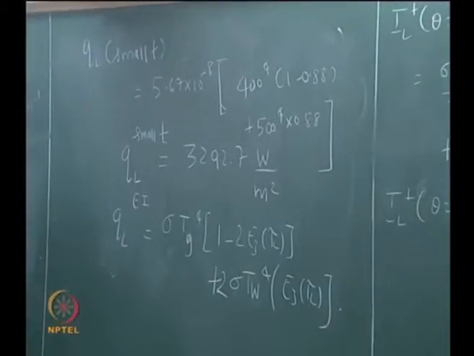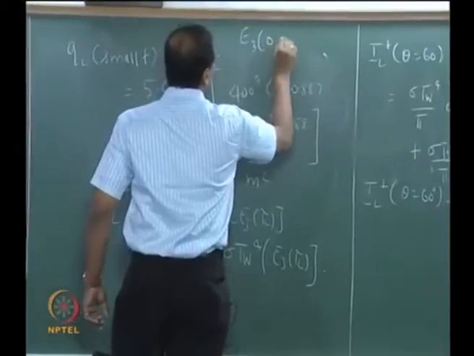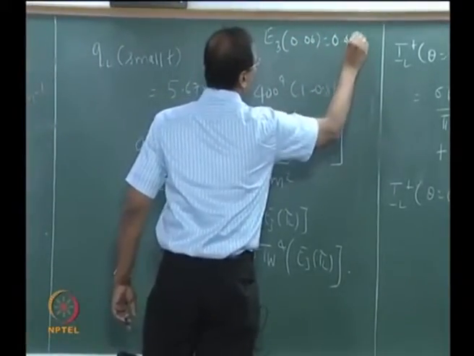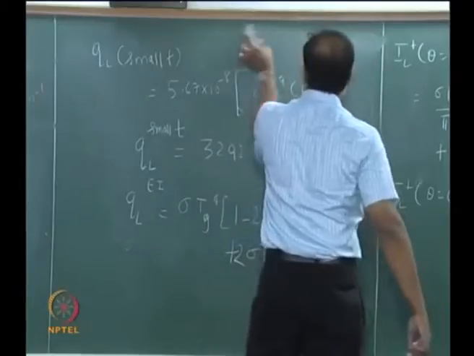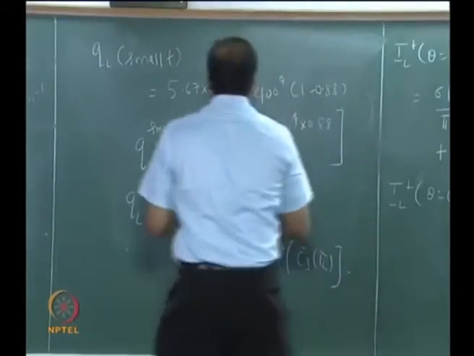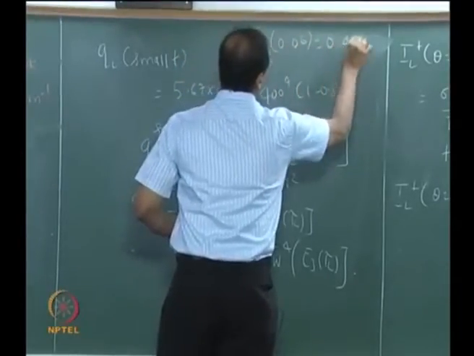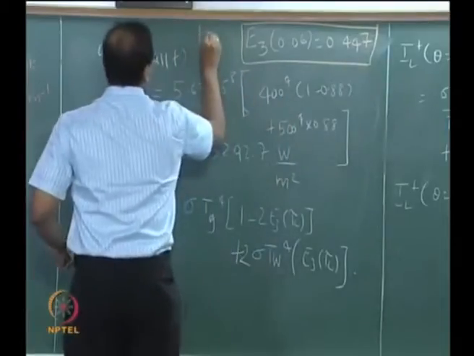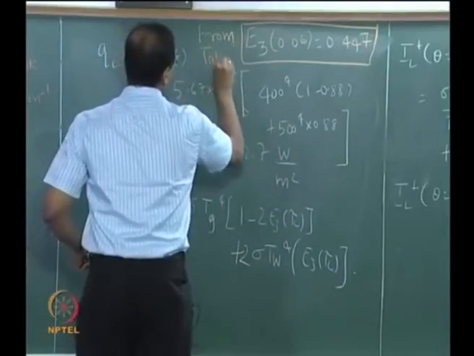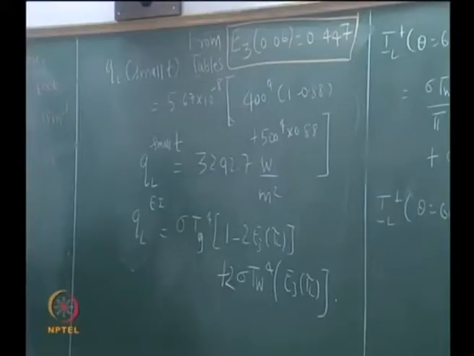Okay. Now what is the E3 of 0.06? 0.44? Correct. Now we can use this QL.